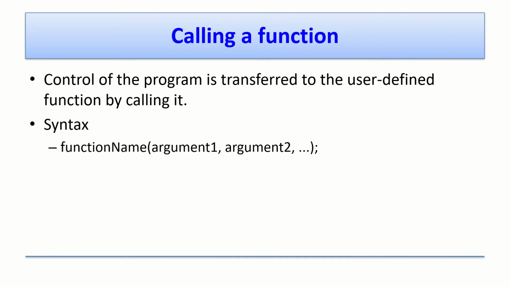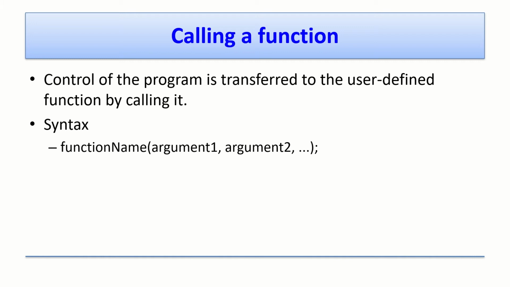This is the syntax. Within the main program, by using the function name along with the relevant argument list, we can call the function. When you pass the arguments, we have to follow the correct order. If there are two parameters, we have to pass two parameters, and then follow the order.